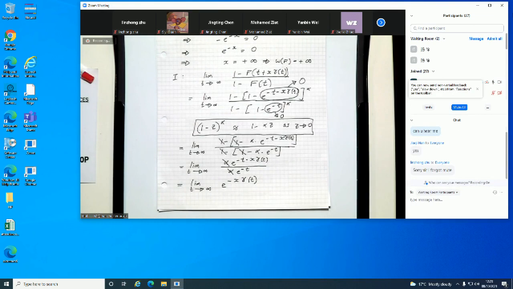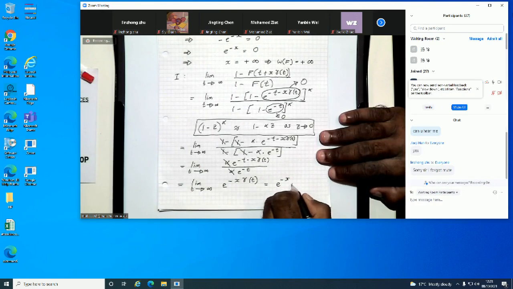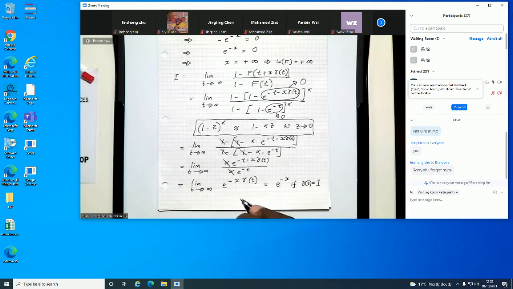And this is equal to e to the minus x if you choose gamma of t to be identically equal to 1. Remember, the type 1 condition says that the limit must be equal to e to the minus x, and therefore the condition for type 1 holds.